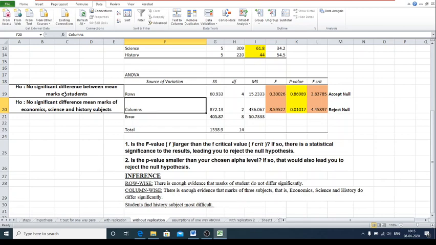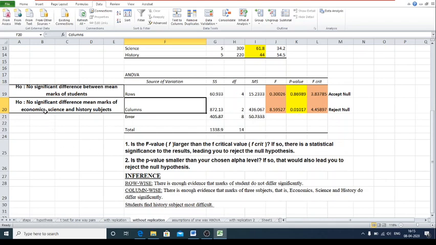For the row or student wise hypothesis, accept null. So there is no significant difference between mean marks of students. In column wise, the F value is 8.59, F critical is 4.45, so we'll reject null. P value is 0.01, less than alpha 0.05, so we will reject null.